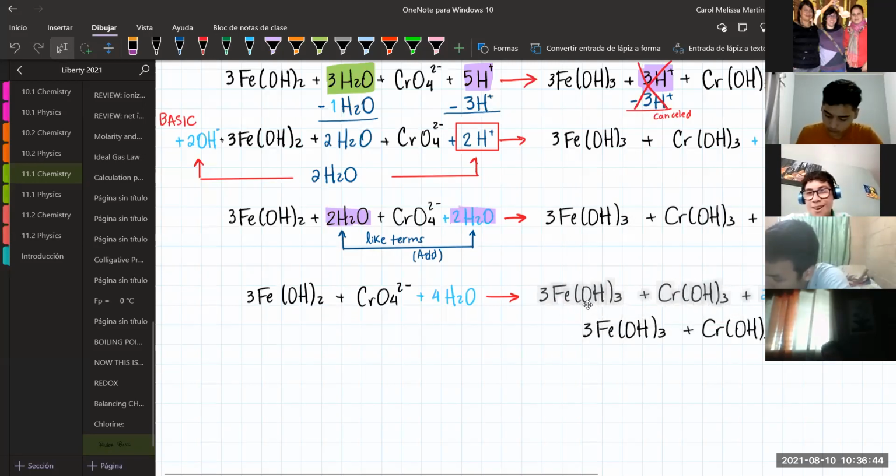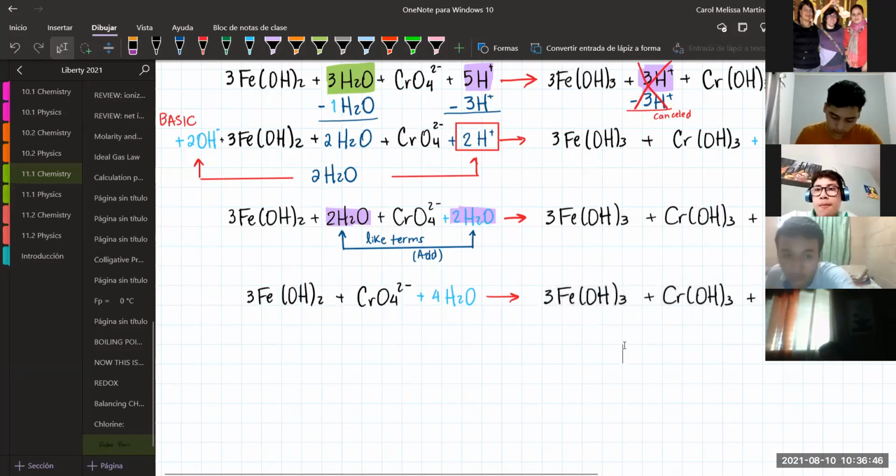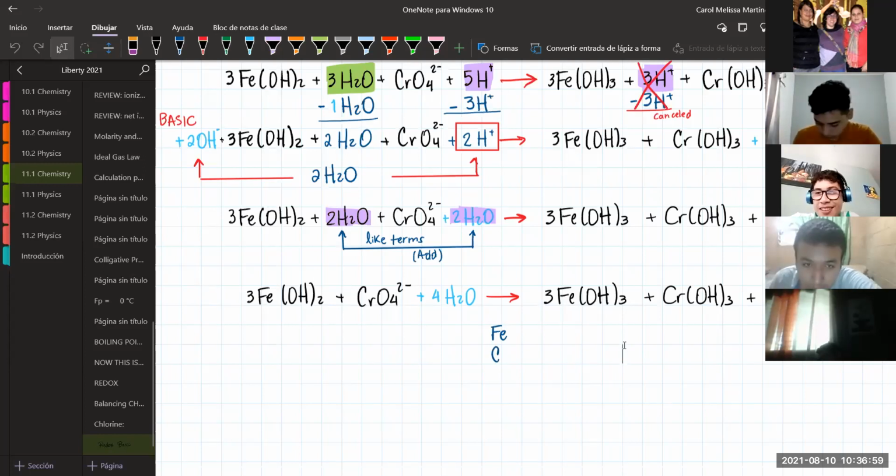And what we do after is a final check. We check that everything is balanced by comparing the amounts of each element on the two sides. So here I have iron, chromium, hydrogen and oxygen. And then we start counting the number of atoms. We have 3 irons on the right and 3 on the left.